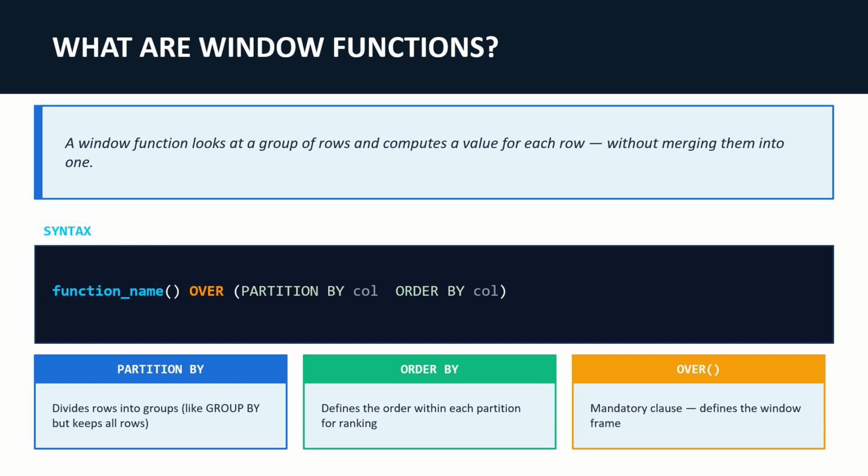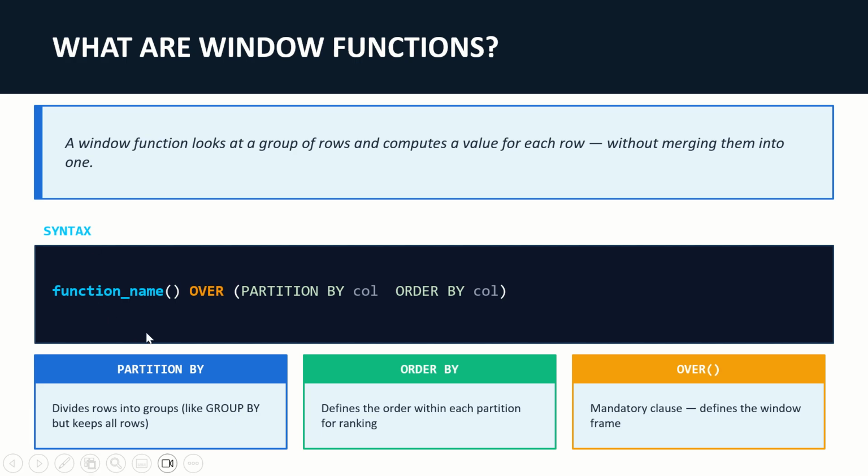You will get more clarity on this definition in the next slide when we see ROW_NUMBER. But for now, just try to understand that it looks at a group of rows within a window or a partition, and then it computes a value for each row. It may be a rank, a row number, a dense rank, etc.